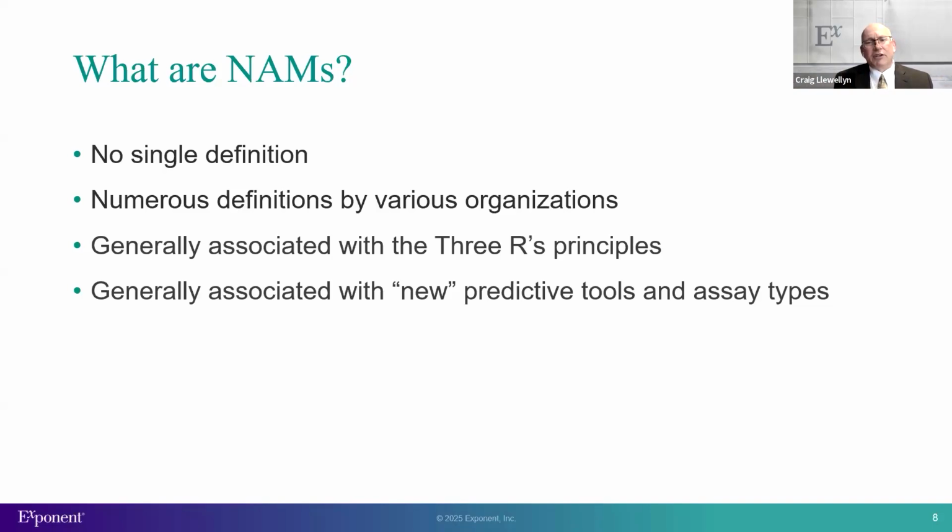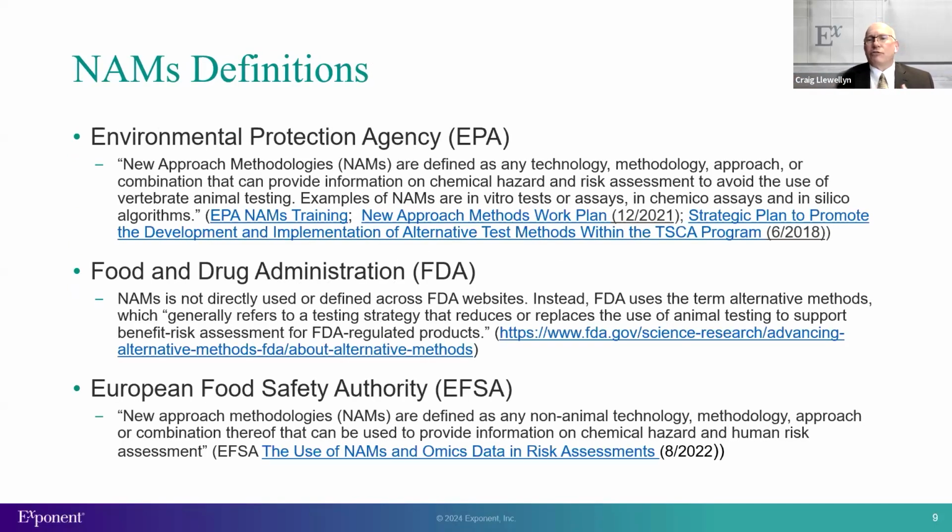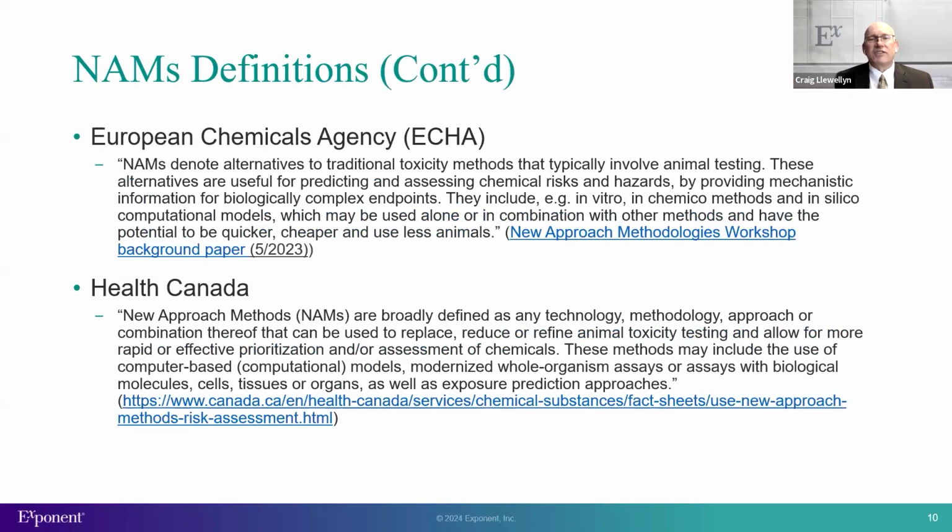It would be nice if we did have a universally recognized definition, so that in one geography or in one setting, we are all understanding what that is. So I'm just going to throw some things up on the screen here. EPA has their definition. FDA doesn't necessarily have a definition. But again, focusing on the 3 R's aspects, the European Food Safety Authority does have a definition, very concise. The European Chemicals Agency really matches what EFSA and EPA have, and Health Canada has the same type of thing.